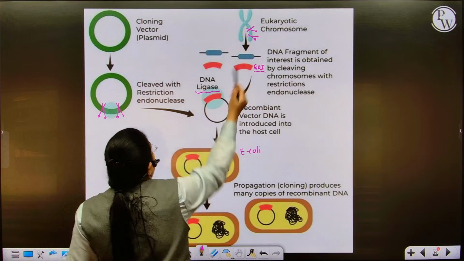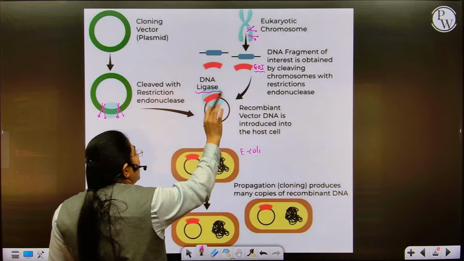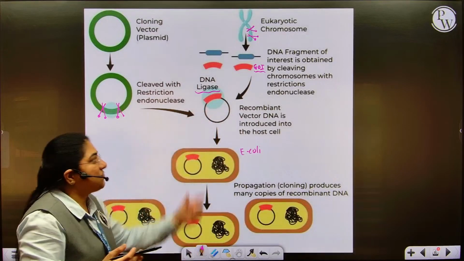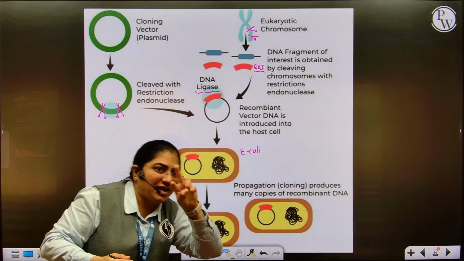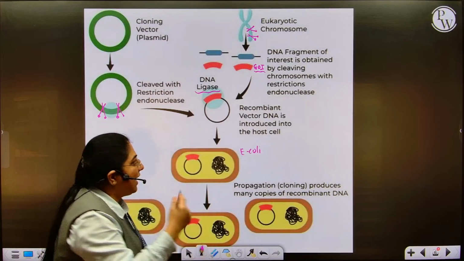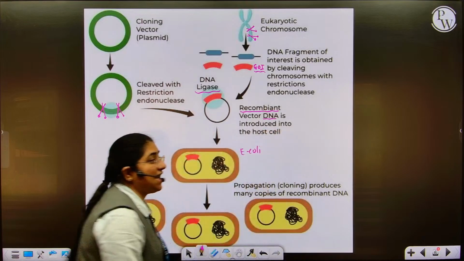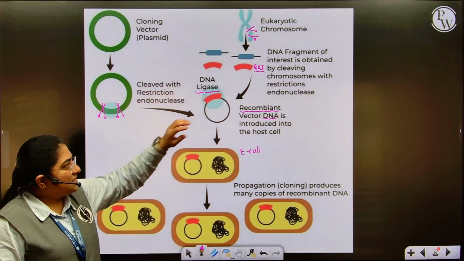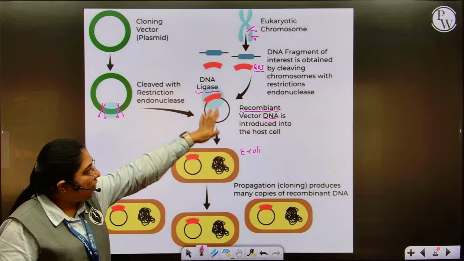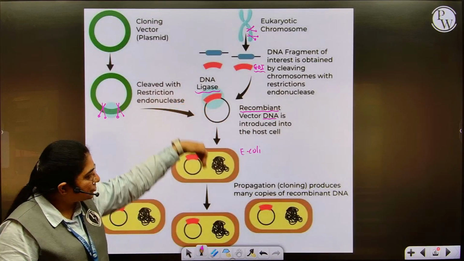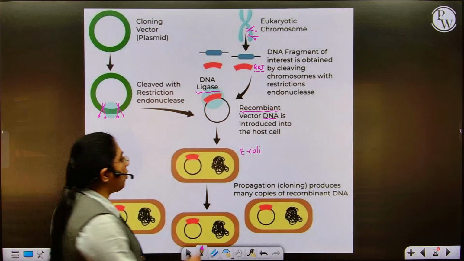So you see our gene of interest is now ligated, or attached, on the vector, and this vector has two different genetic materials combined together. Hence we call it a recombinant DNA. Once this recombinant DNA is formed, it has to now enter into a host cell.